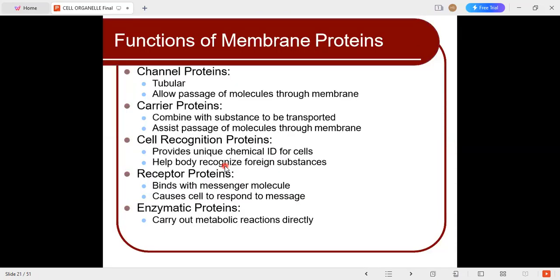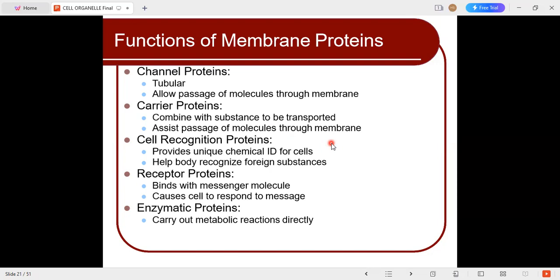So what is the function of the proteins which are present in the membrane? They work as channel proteins. They are tubular and allow passage of molecules through the membrane. They work as carrier proteins, combining with most of the substances which are going to be transported and assisting the passage of molecules through the membrane.